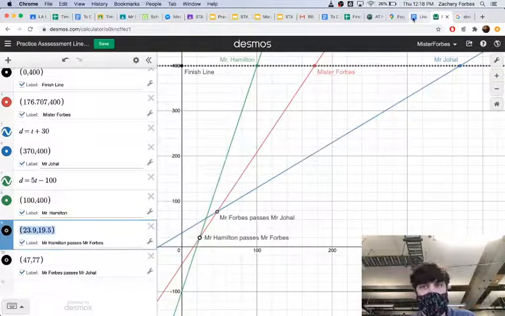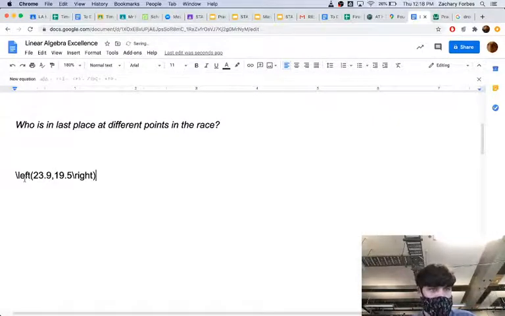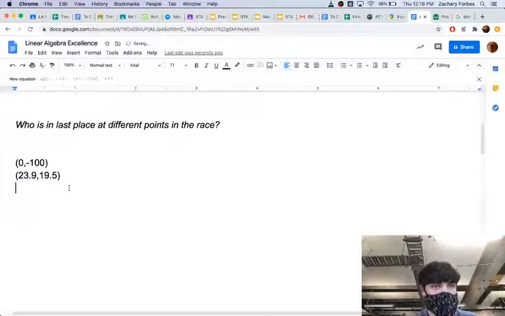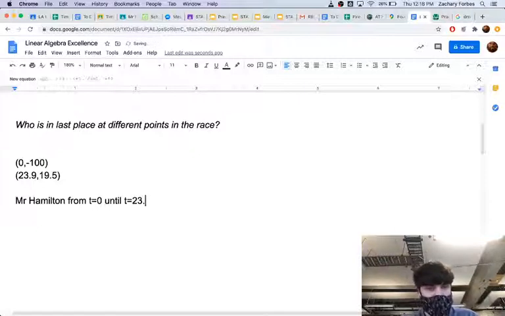That is the point where there is a crossover. So Mr. Hamilton is behind from where he starts at 0, up until 23.9. So we could say Mr. Hamilton from t equals 0 until t equals 23.9.